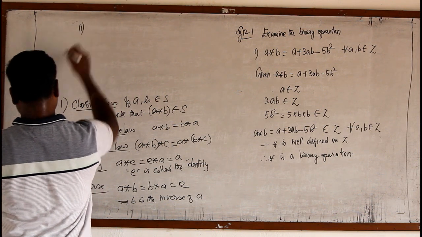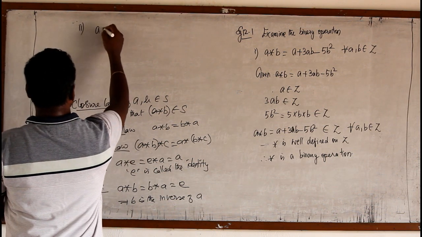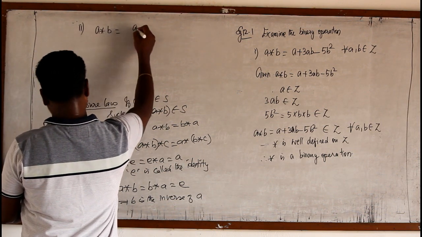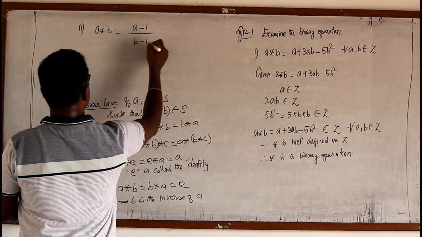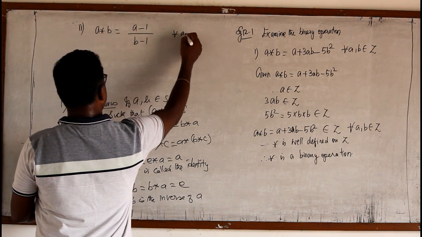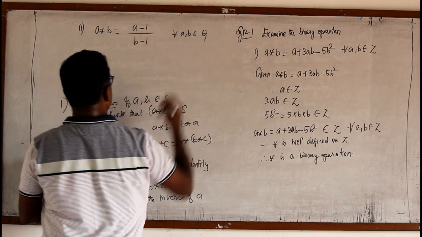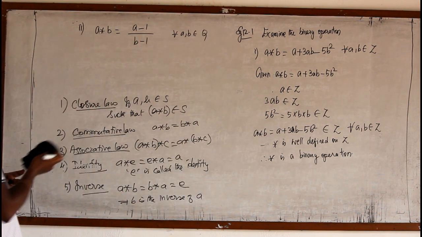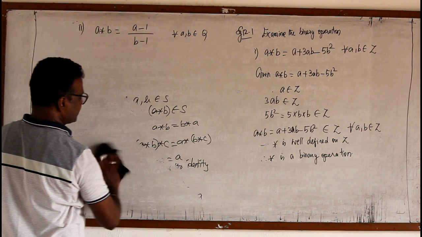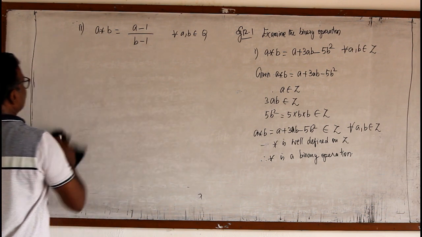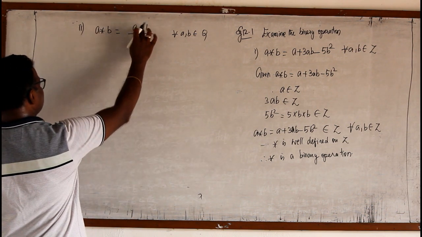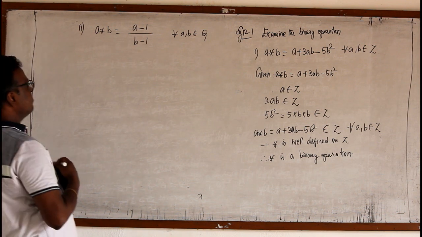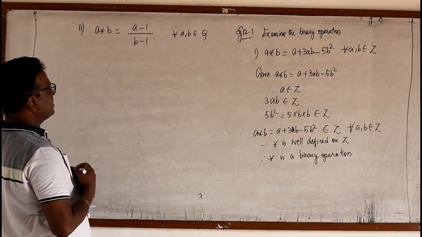In that one, second question. A star B equal to A minus 1 by B minus 1, for every A, B belongs to Q. Q means set of rational numbers or fractions we can say. Now, we shall see. A minus 1 is definitely a number. B minus 1 is also definitely a number.